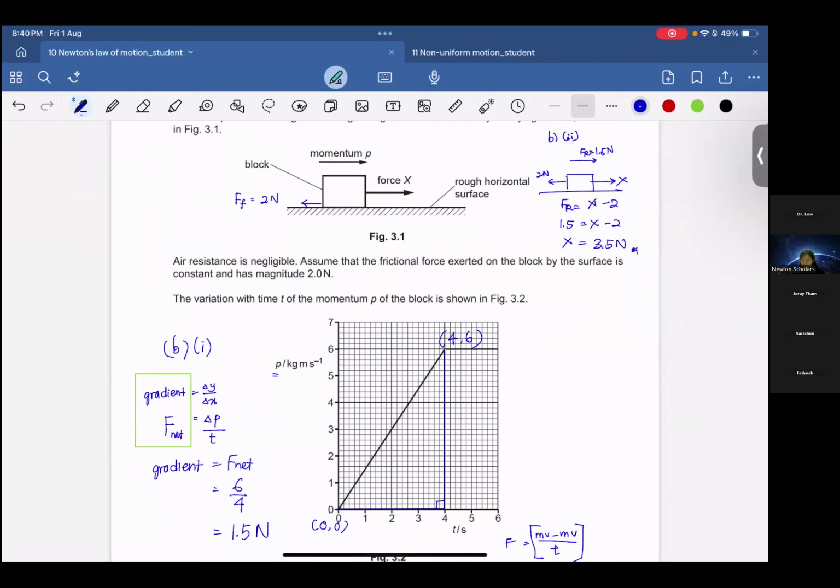From 0 to 4 seconds, what is your force X? Read the question carefully.